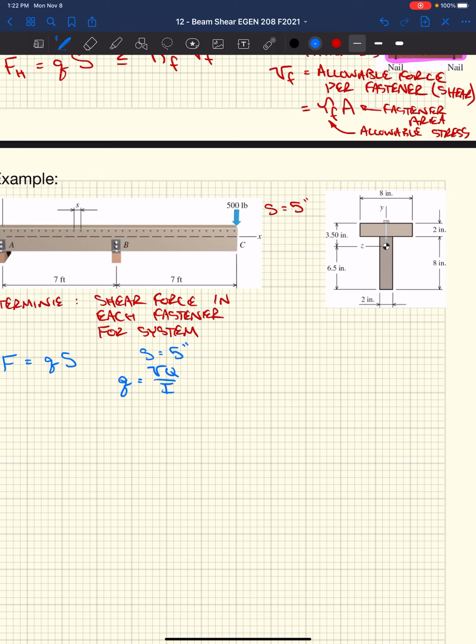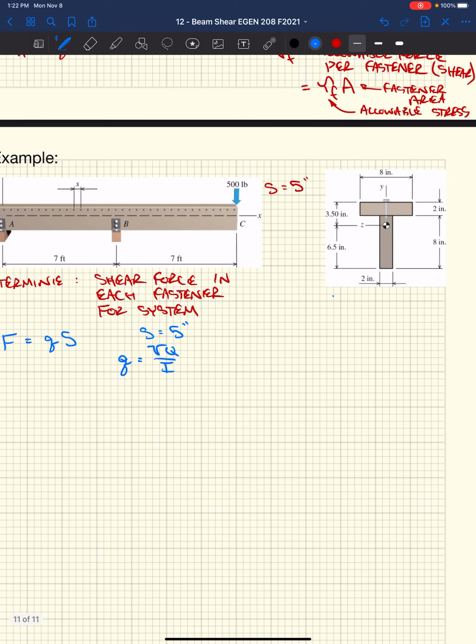We need to figure out what the moment of inertia is. Well, we would use the parallel axis theorem, Ad squared plus I for each of these two cross sections. We would do it for the stem of the T and then the flange of the T. This would be, say, y bar 1.